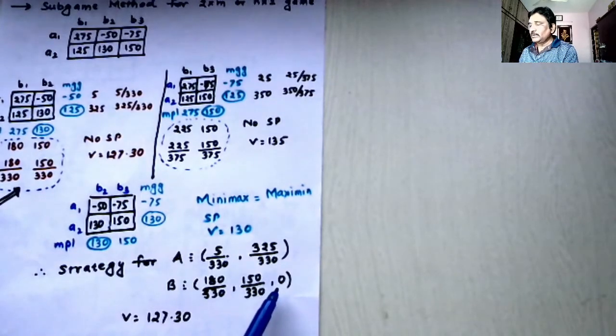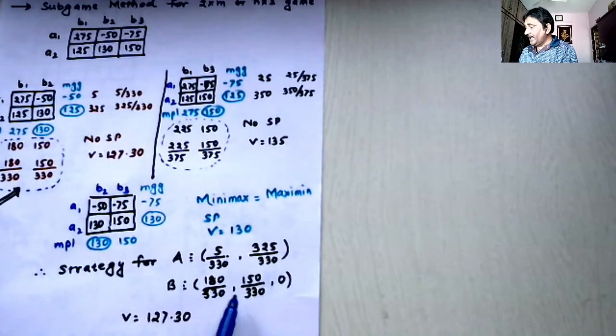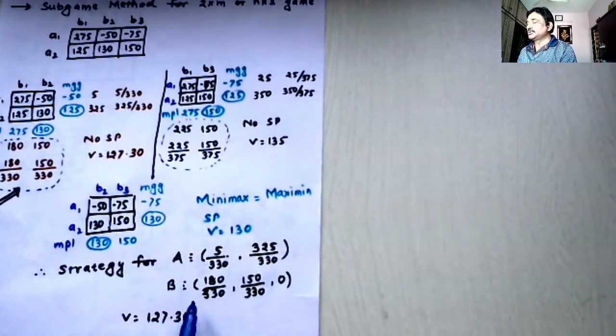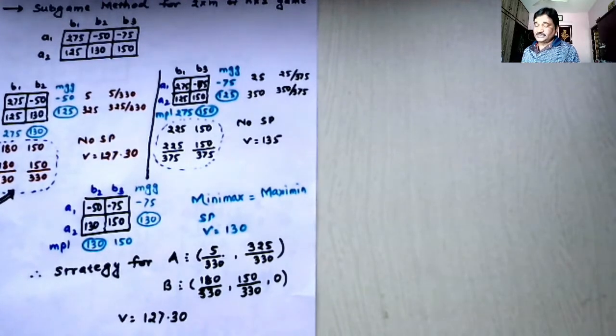And that's why 0. Don't forget to put every value, because here we are not writing which course this is the proportion of, so you have to maintain the sequence. First proportion essentially is the proportion of course of action B1.